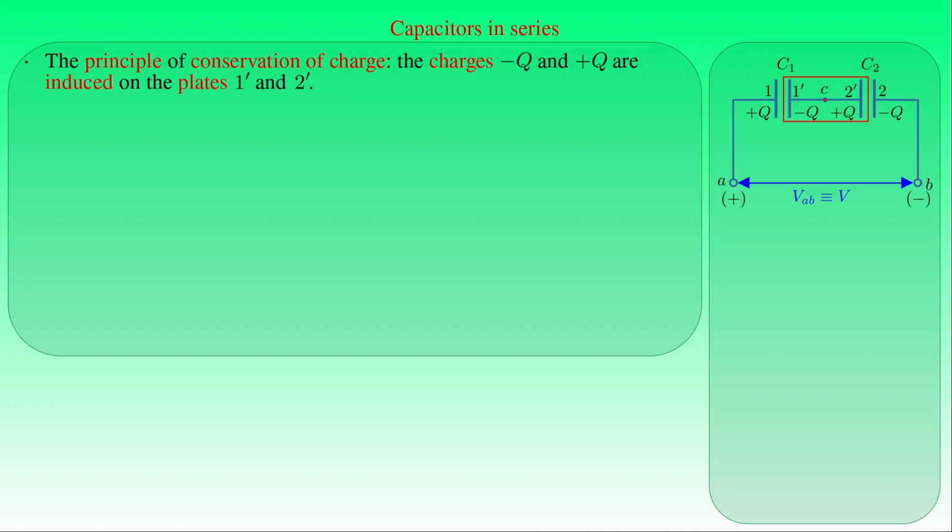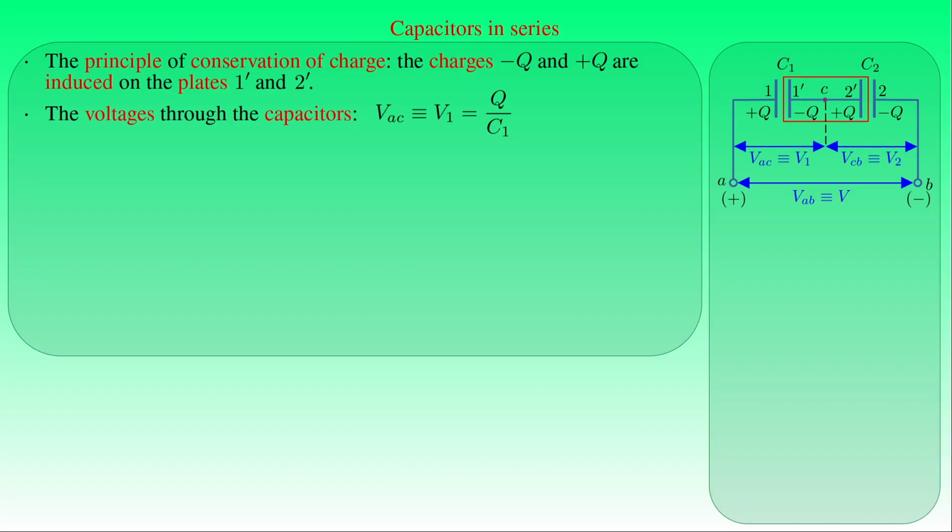Hence, each plate of the capacitors connected in series has the same amount of charge, and the voltage V_AC between the nodes A and C is equal to the voltage V1 through the first capacitor, given by the ratio of the charge Q to the capacitance C1. The voltage V_CB between the nodes C and B is equal to the voltage V2 through the second capacitor, given by the ratio of the charge Q to the capacitance C2.